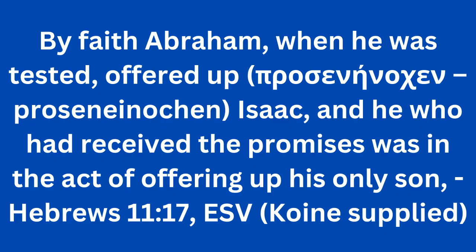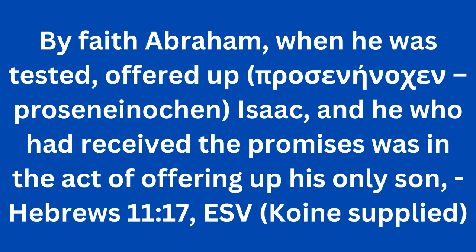Let's stick with Abraham, but we'll move to Hebrews chapter 11, verse 17. By faith, Abraham, when he was tested, offered up Isaac, and the term offered up here is prosenenoken, and he who had received the promises was in the act of offering up his only son. So, prosenenoken is perfect active indicative third person singular.